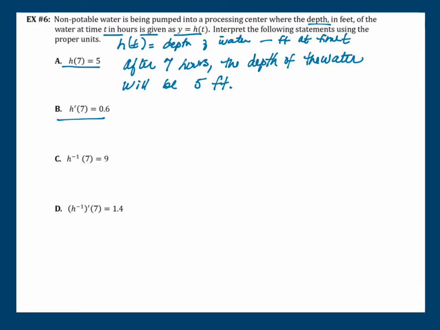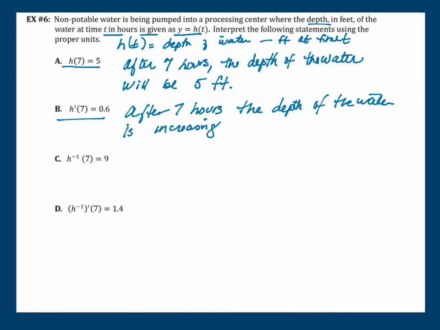So we'll just say after 7 hours, the depth of the water is increasing, because it's positive, at a rate of 0.6 feet per hour. So you've got to use your units. I should have put that here maybe because it looks better.